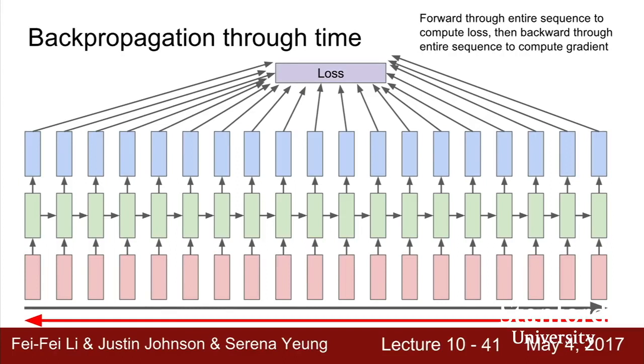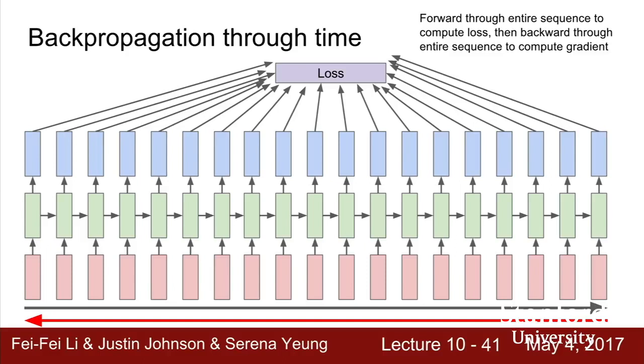So this idea that we have a sequence and we produce an output at every time step of the sequence and then finally compute some loss, this is sometimes called backpropagation through time, because you're imagining that in the forward pass, you're stepping forward through time, and then during the backward pass, you're going backwards through time to compute all your gradients. But this can actually be kind of problematic if you want to train with sequences that are very, very long.